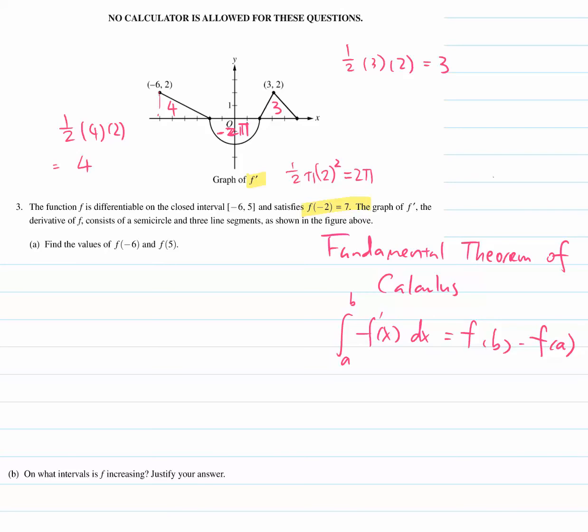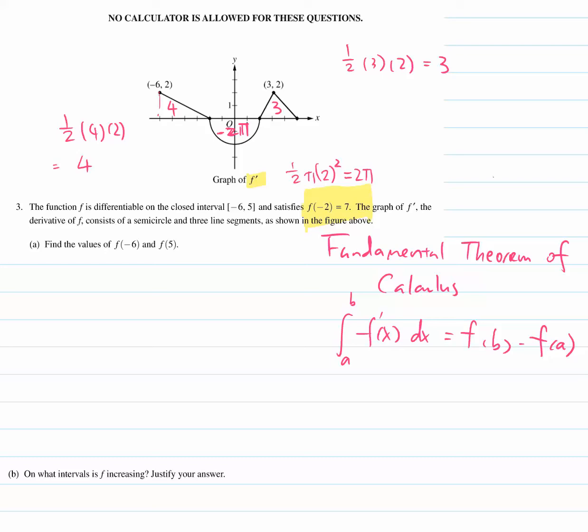So here we can find the integral because it is just the area under the curve, and also we know another point which is stated in our question, f of negative 2 equals 7.